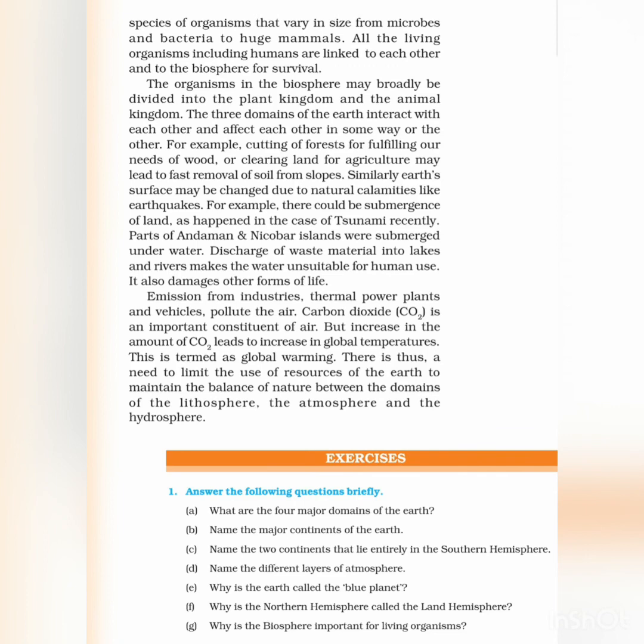So, children, the three domains of the earth interact with each other and affect each other in some way or the other. If we destroy any one of the spheres, the others get affected automatically. So, it is our human duty to protect all the spheres of the earth.